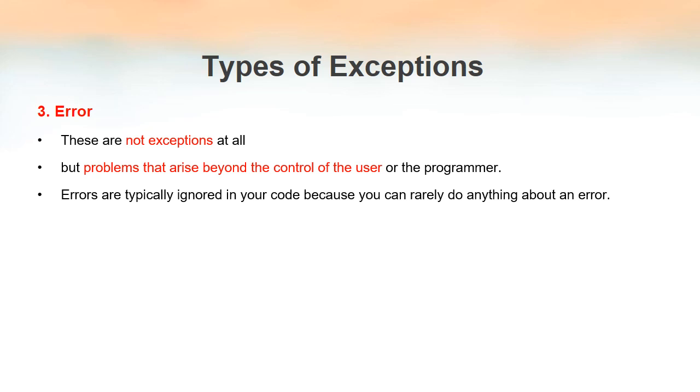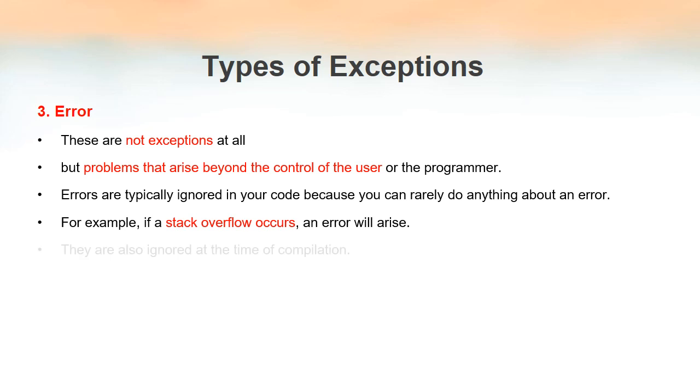One example for these kinds of errors is the stack overflow. That is, when the stack is full, we cannot do anything to free the space inside the stack. Such kinds of exceptions are known as errors.